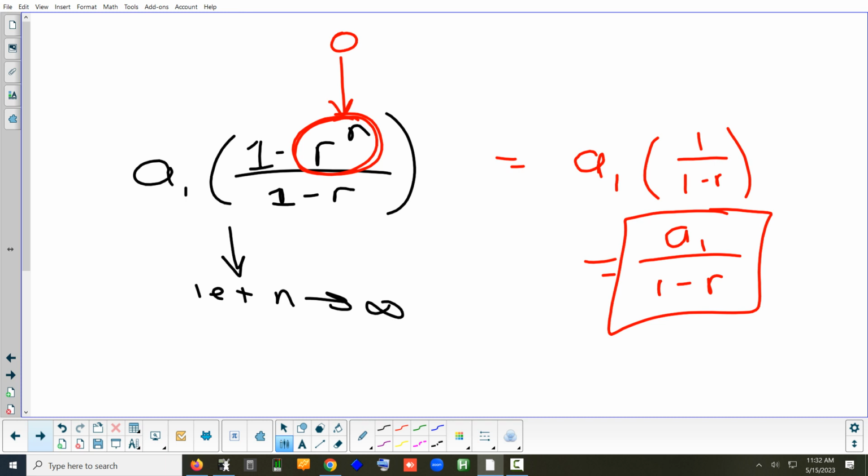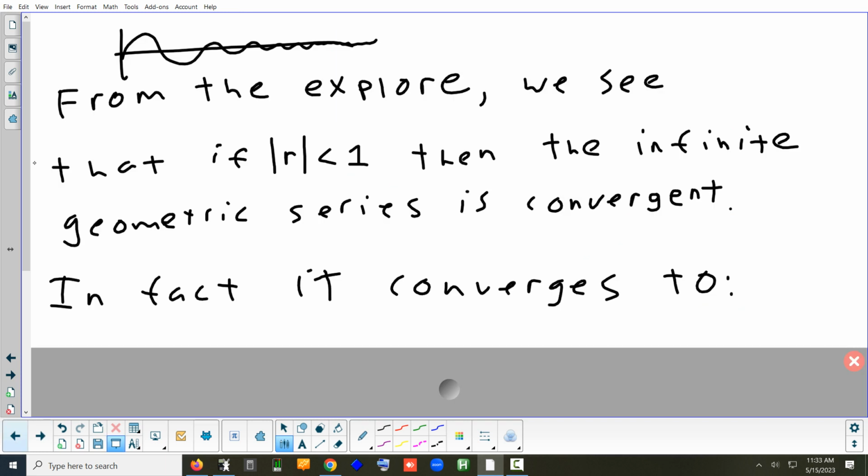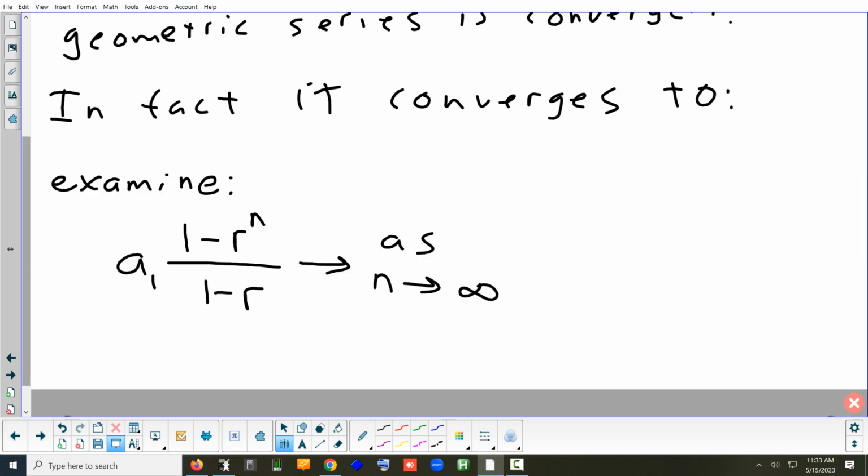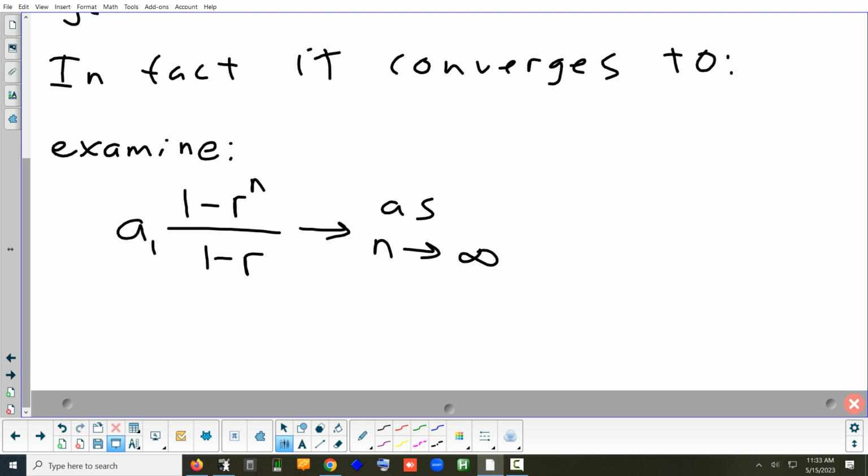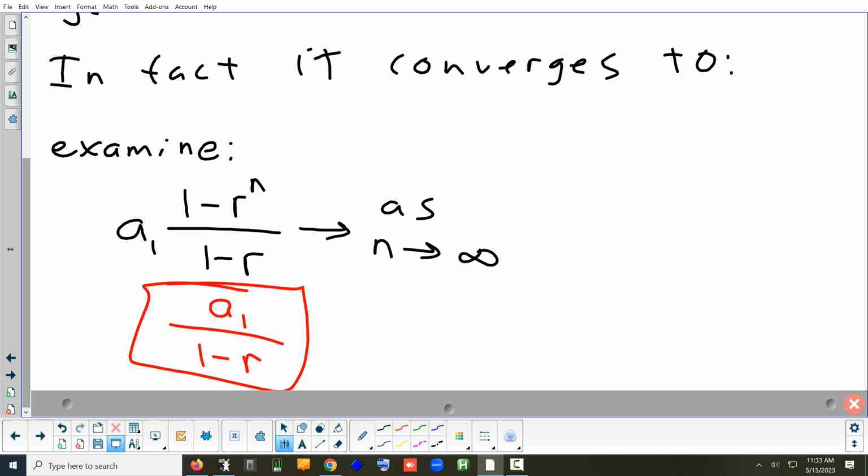It doesn't need the r to the n anymore because it basically approaches 0 as n gets bigger and bigger. So let me write that down again: as n approaches infinity, we get a sub 1 over 1 minus r.